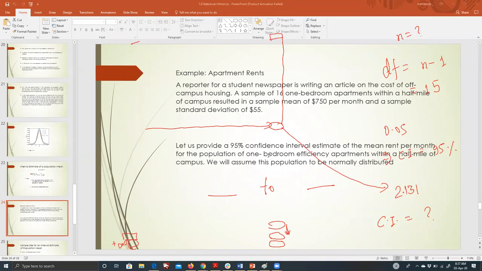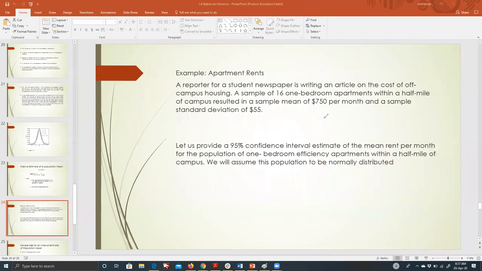Is it 55 plus 2.131? Sorry, where is this 55 from? It's a standard deviation, right? So mu is, this is standard, yeah, I just confused you. So T is 2.131. Okay, s is 55 by root n.